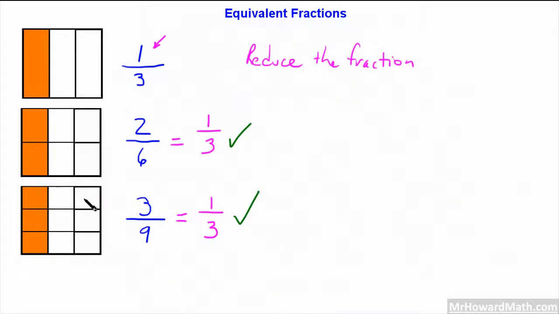If you were eating, let's say this was a large birthday cake, eating 3 pieces when the cake is split into 9 total is the same as eating one big piece if the cake is only split into 3 large pieces. You can see that 3/9 is equivalent to 1/3. So however you cut the cake, whether you cut it into thirds, sixths, or ninths, you can get an equivalent part. 1/3, 2/6, 3/9. Alright?